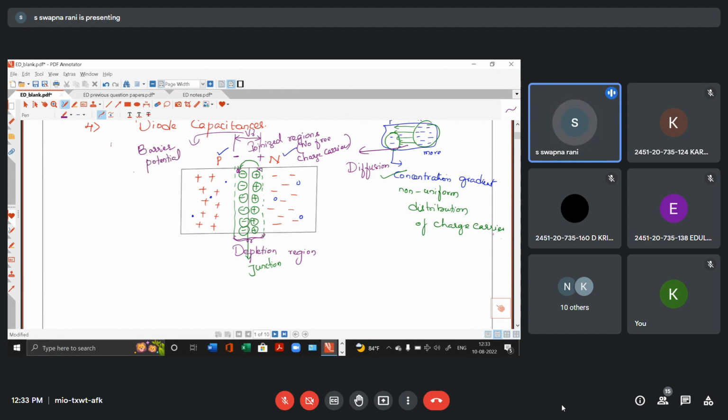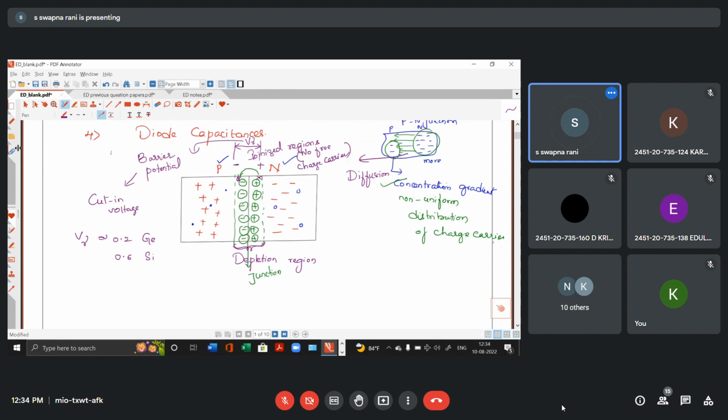Later we call it the cut-in voltage of the diode. It is generally represented with V gamma, which is approximately 0.2 for germanium and 0.6 for silicon.